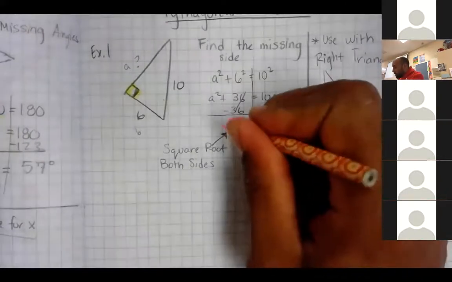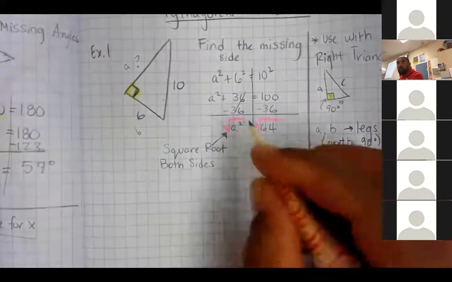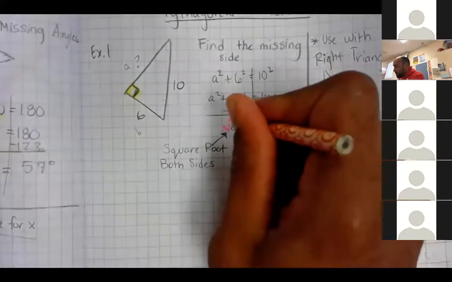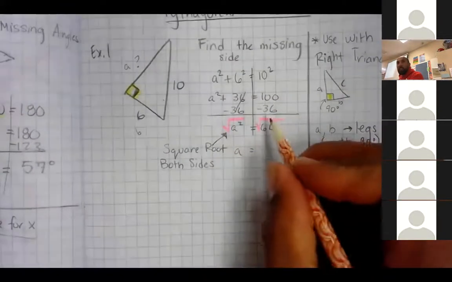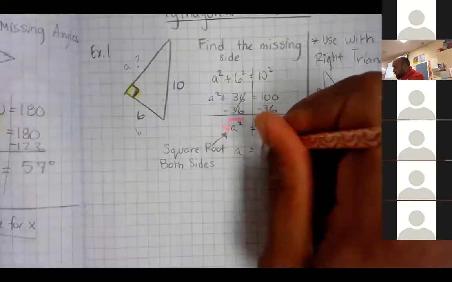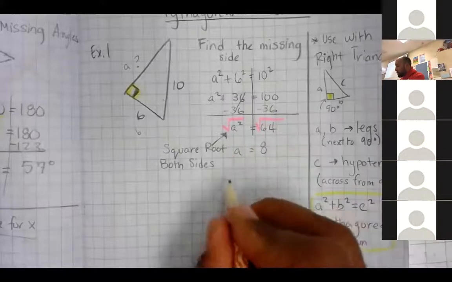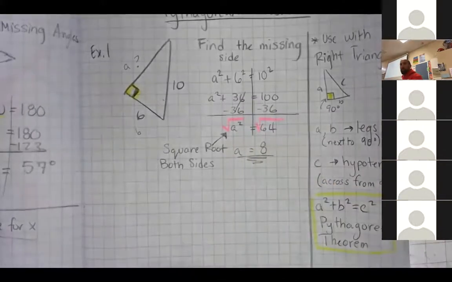Once I square root a squared, it basically cancels the exponent 2. And then I take the square root of 64, which is 8. So our missing side is 8.